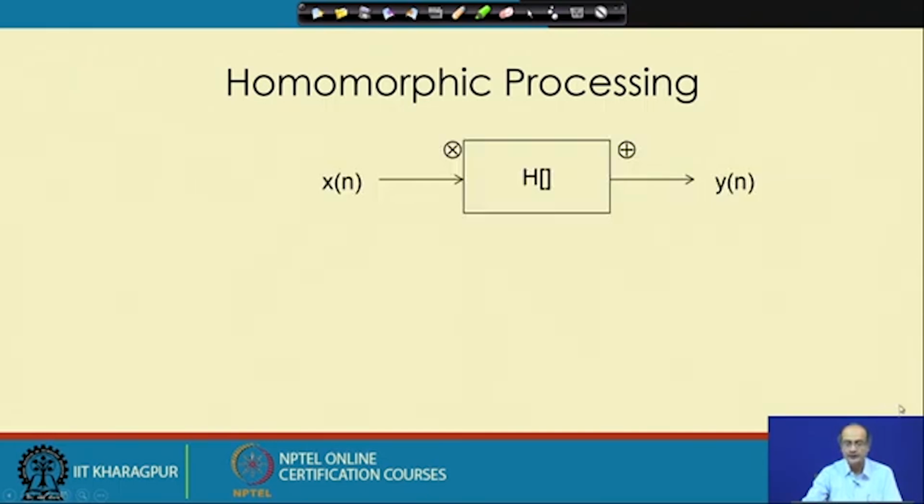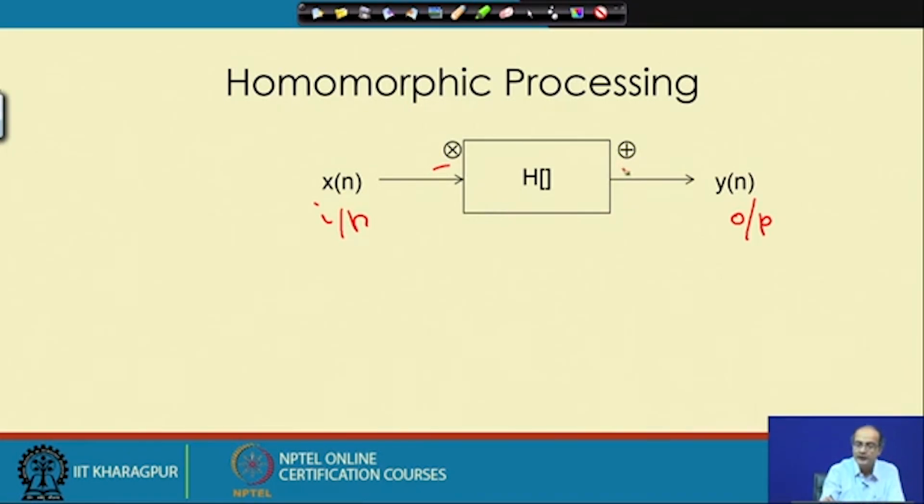Here we are showing a diagram of the mapping H. The point to note is that x is the input and y is the output, and these two spaces are different, with a map defined from x to y. In the input space, the domain of H, we have a cross operator.